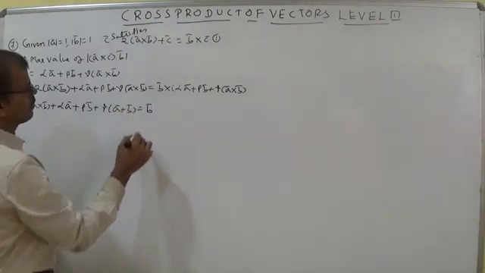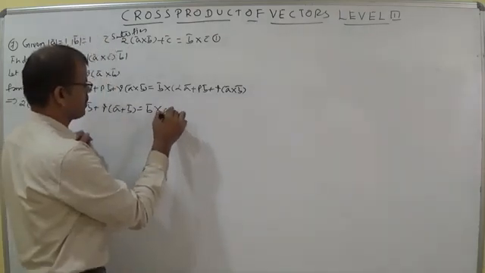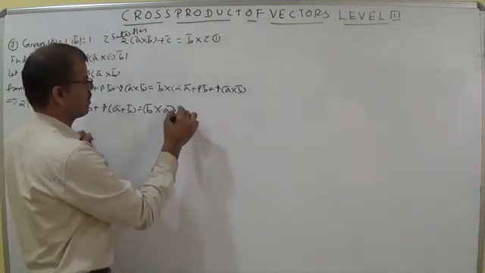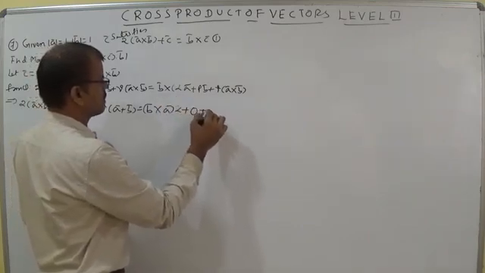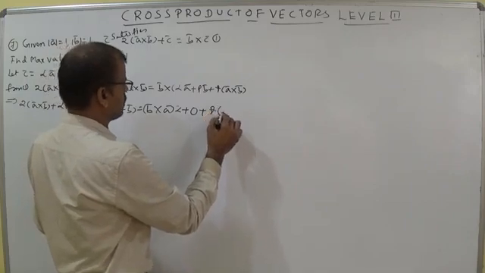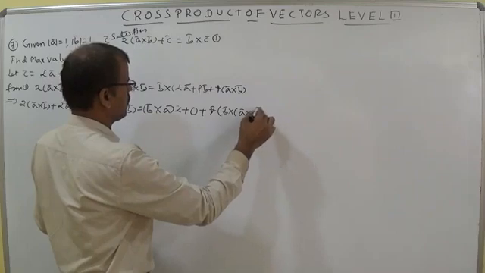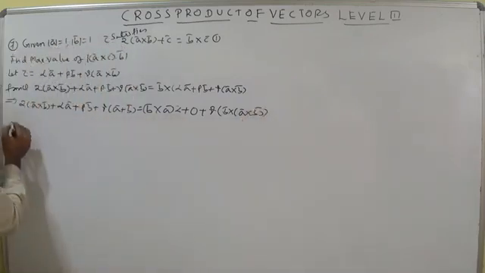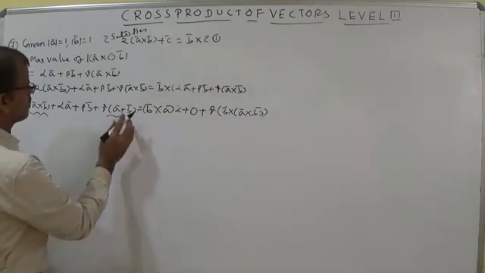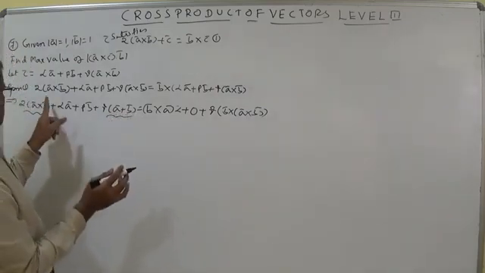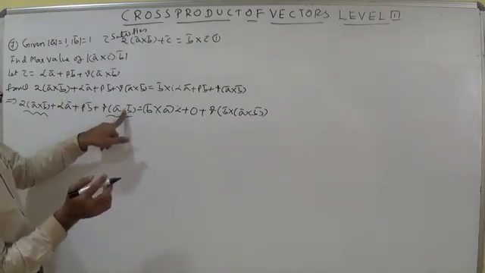is equal to, now you multiply B bar cross A bar into alpha plus beta B cross B becomes 0 plus gamma into B bar cross A bar cross B bar. That implies here A bar cross B bar is there. So 2 A cross B plus alpha A plus beta B bar plus gamma A bar cross B bar.